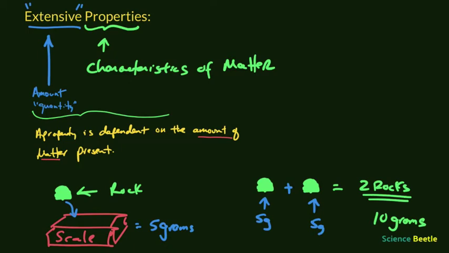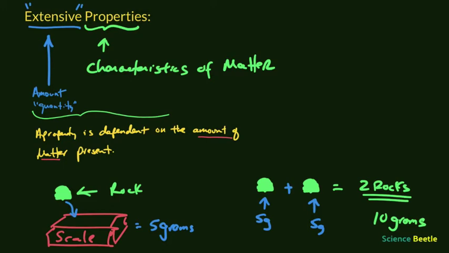Assuming the matter is the same, the mass doubles for that sample. If I have 3 rocks, then I would have 15 grams, because that would be 3 times the mass of the one rock. In this example, you can see that the amount you have actually affects the measurement, in this case, the measurement of matter in terms of mass.